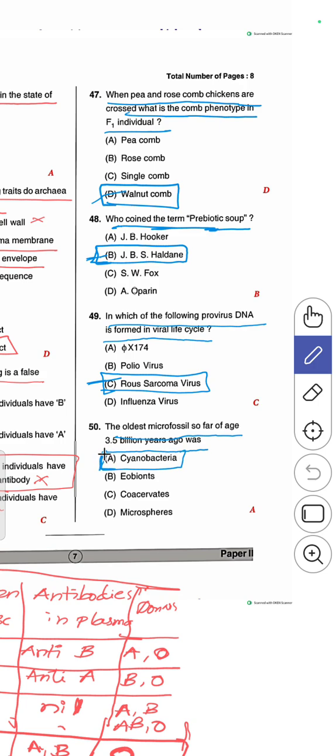It is the first organism to evolve on the earth. 3.5 billion years ago, cyanobacteria formed, and it is considered a 3.5 billion year old microfossil. So 50 is the right answer.